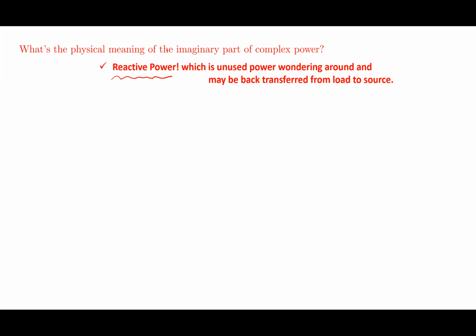For example, if we have an inductance in our circuit on top of the real valued resistance, then some portion of power is not consumed due to the inductance, but it can be resonant in the circuit, just wandering around in a circuit, and also in the electromagnetic field, this reactive power exists.